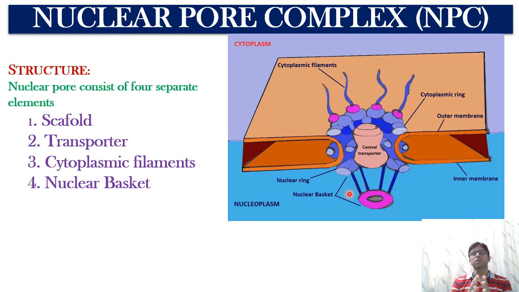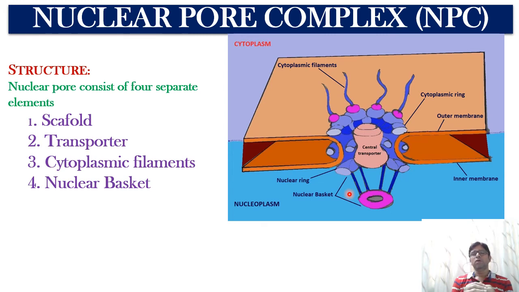The scaffold consists of the major portion of the nuclear pore and is made up of 3 closely arranged rings, namely the cytoplasmic ring, central ring, and nuclear, or nucleoplasmic, ring. The cytoplasmic ring is present towards the cytoplasmic side and the nucleoplasmic ring towards the nucleoplasmic side, and in between these two rings a central ring is present.